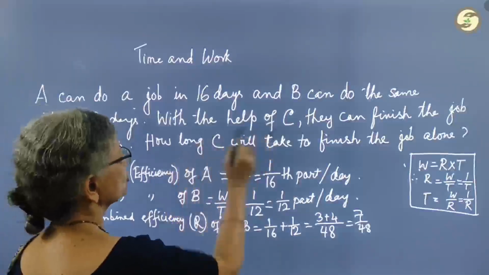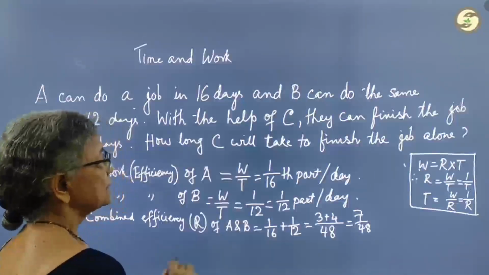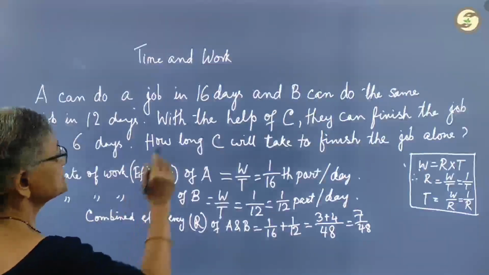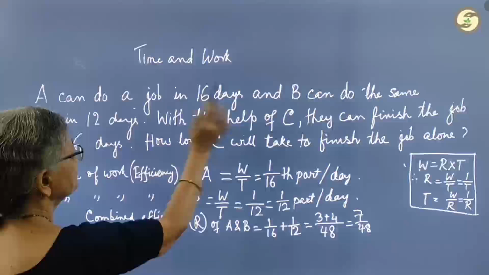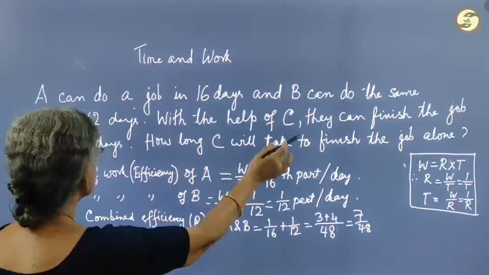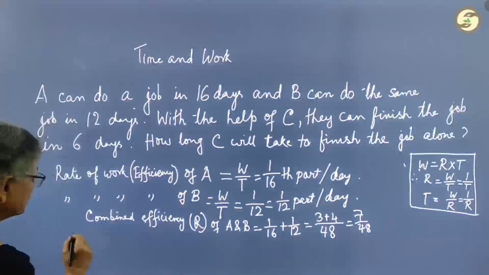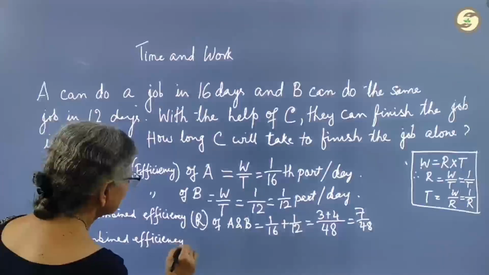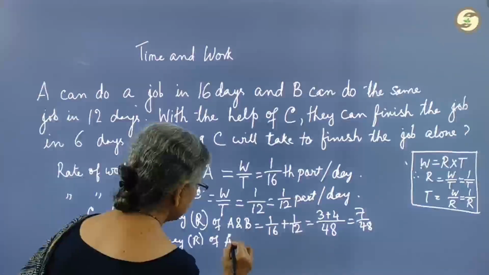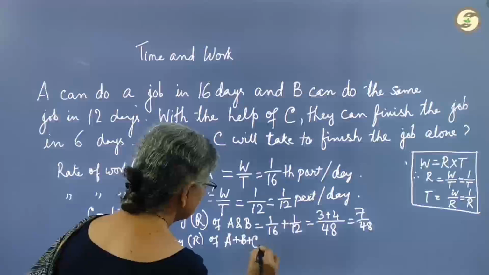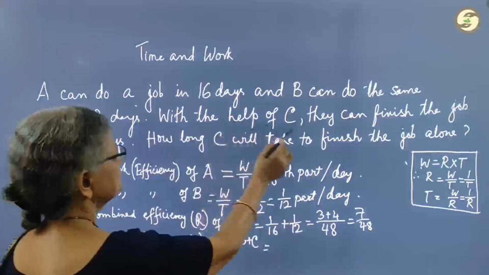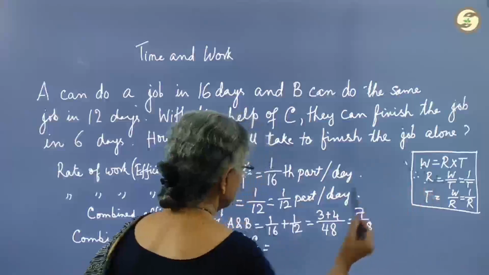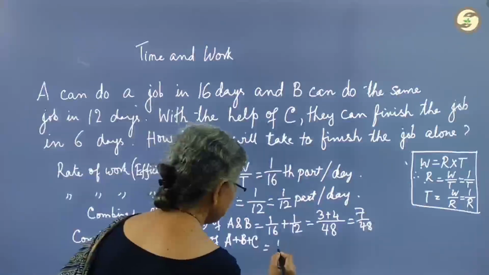Now when C joins the work, they can finish the job in 6 days. So what is the combined efficiency of A, B and C? It's total 6 days. So combined efficiency or R of A plus B plus C. Again, efficiency or rate of work is work by total time.